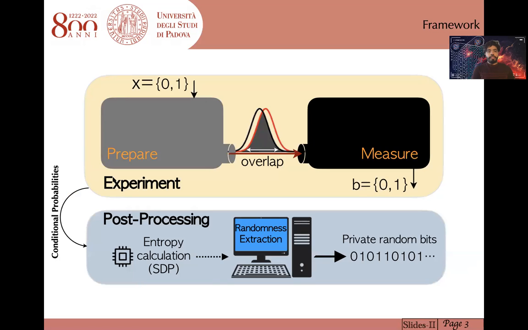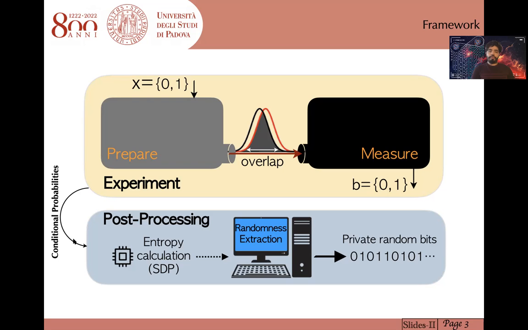Okay. This quantum random number generator is based on a two-party prepare-and-measure scenario where there is a binary input to the transmitter and the measurement device outputs a binary outcome. Having the input-output statistics, one can compute the experimental conditional probabilities. Inserting the experimental conditional probabilities together with the energy bound into the SDP, semidefinite programming, which I described in the previous slides, one can compute the conditional entropy.